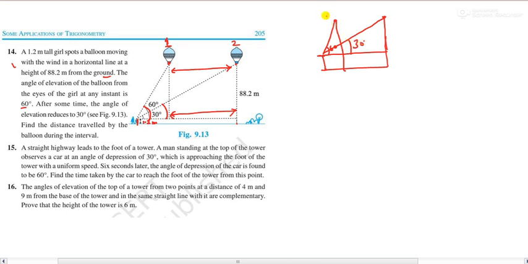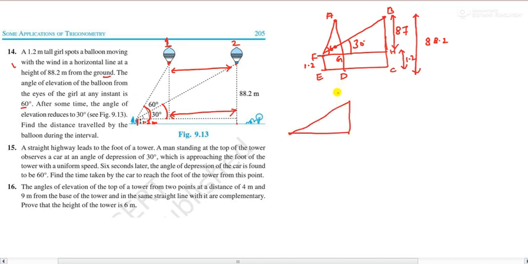I will name this as A, this is B, this is C, D, E, F, G, H. Now see, this is given as 1.2 meter, and this total is 88.2 meter, right? So to get BH, should I subtract 1.2 from 88.2? Yes, so this will become 87.